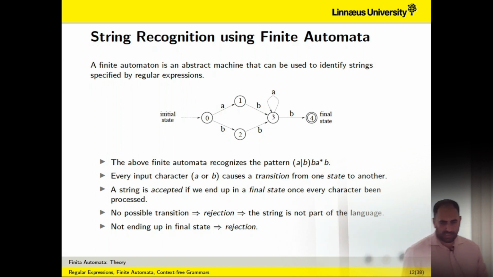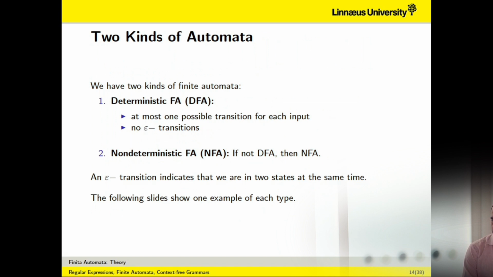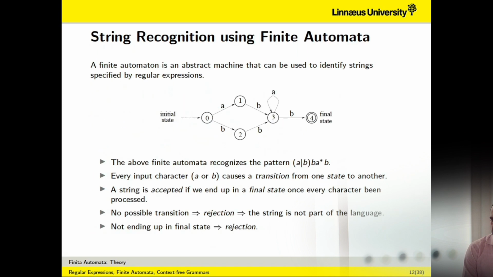So if we see an example, maybe it will become more clear. Let's say, can you give me some word, any word which is just composed of these two symbols, A, B, like A, B, B, B, or A, B, B, A?